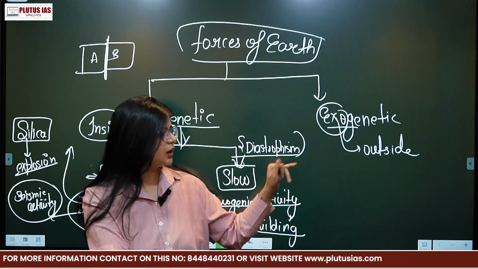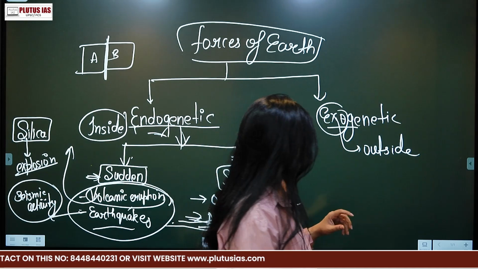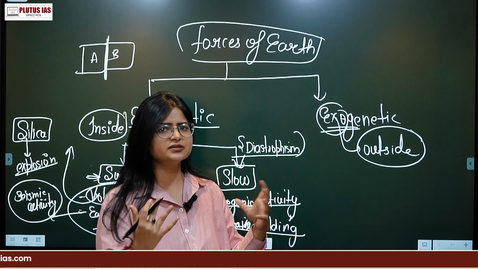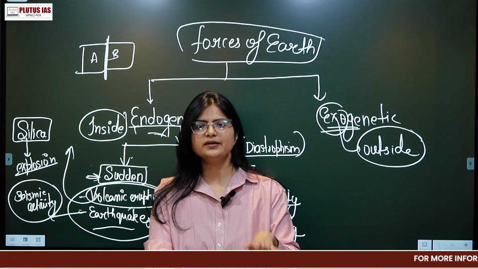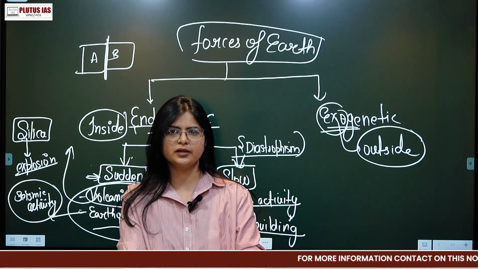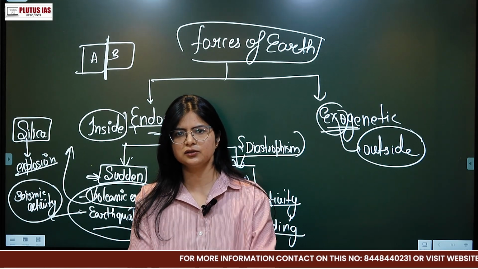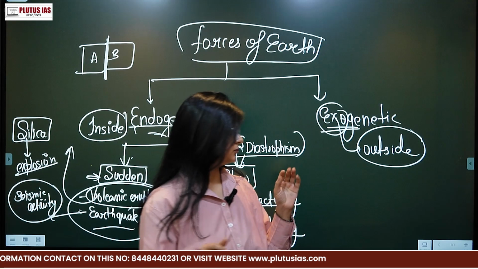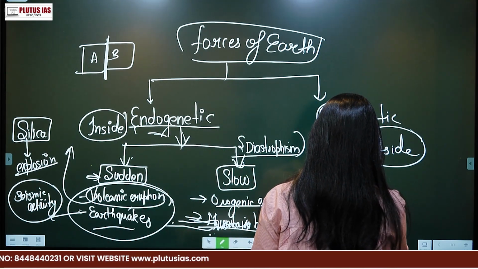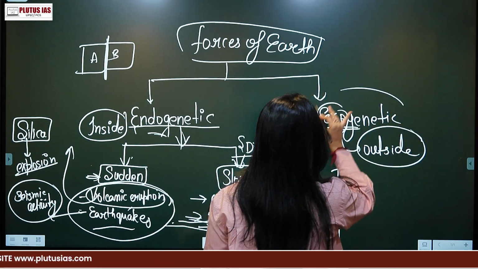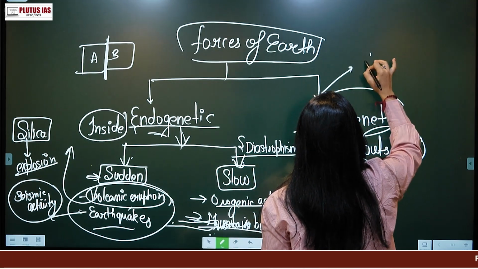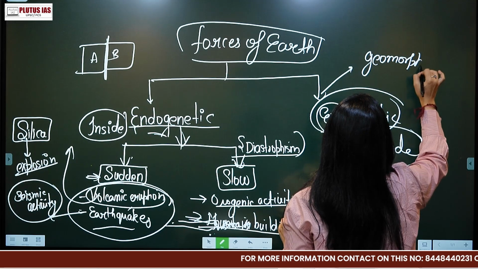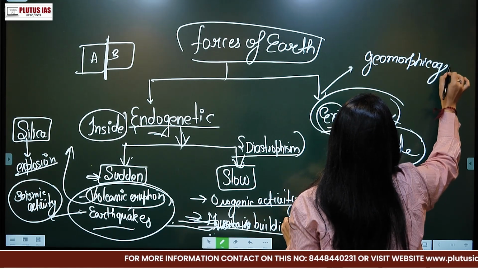Okay. Now, if we talk about the exogenetic forces, exo means outside, something which is taking place outside. We define exogenetic processes into three types: physical, chemical, and biological. Now, who is helping in the exogenetic forces? We categorize them as geomorphic agents.